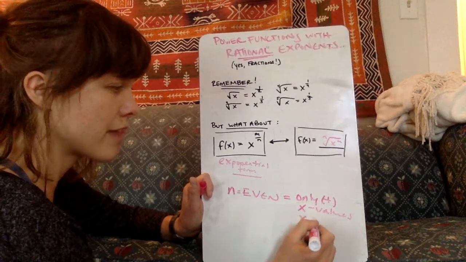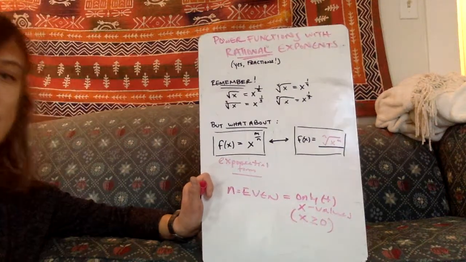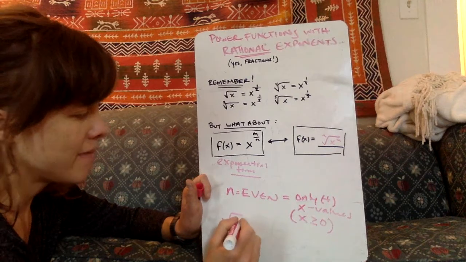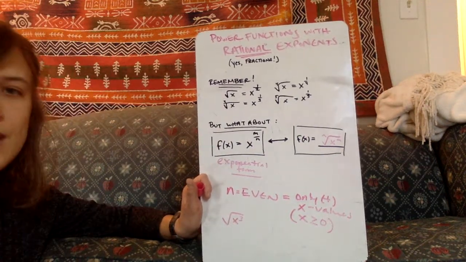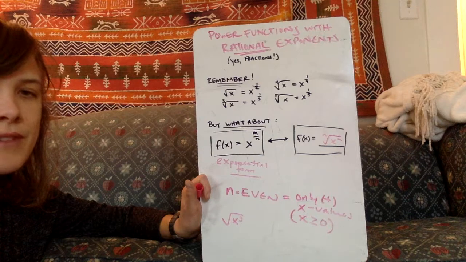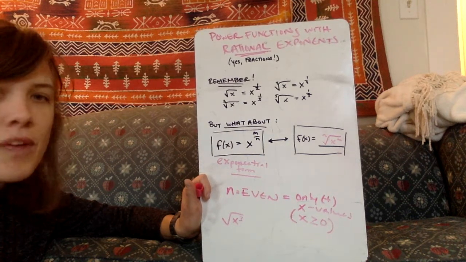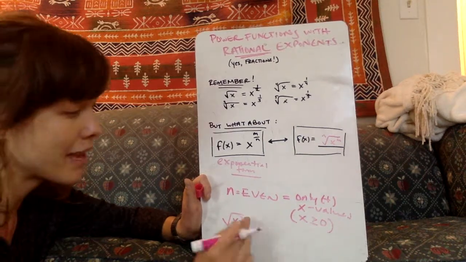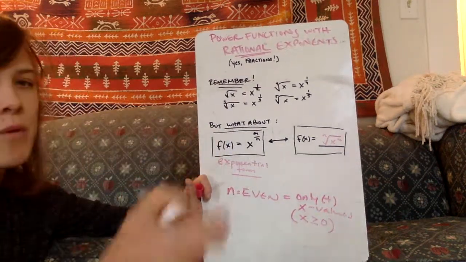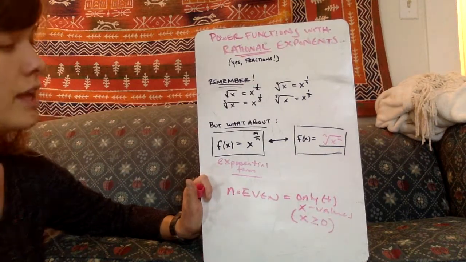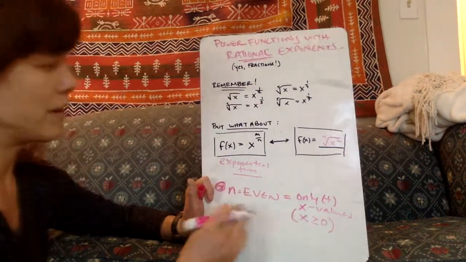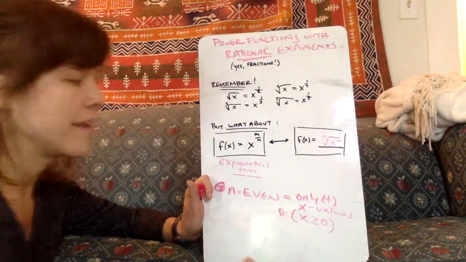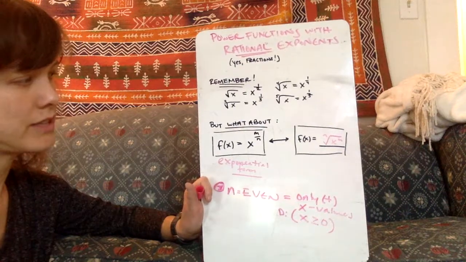So x is greater than or equal to 0 in these cases, because like if I have the square root of x to the third, because I'm taking the square root of it, I can only have positive values in there for x. If I have a negative value in there, my whole thing will be undefined. And so this is really important to remember. When n is even, I can only have positive x values, so my domain is restricted here to x is greater than or equal to 0.